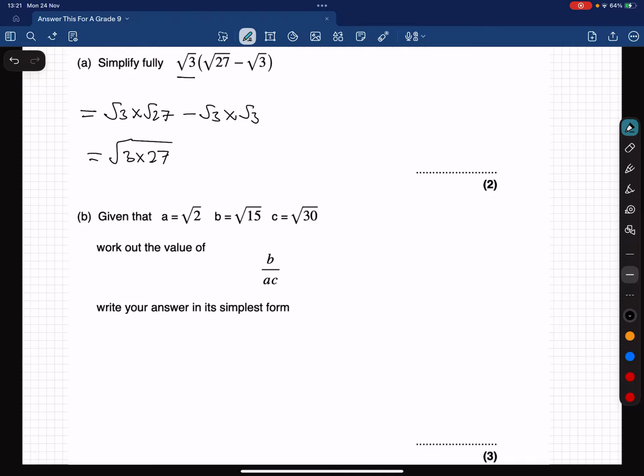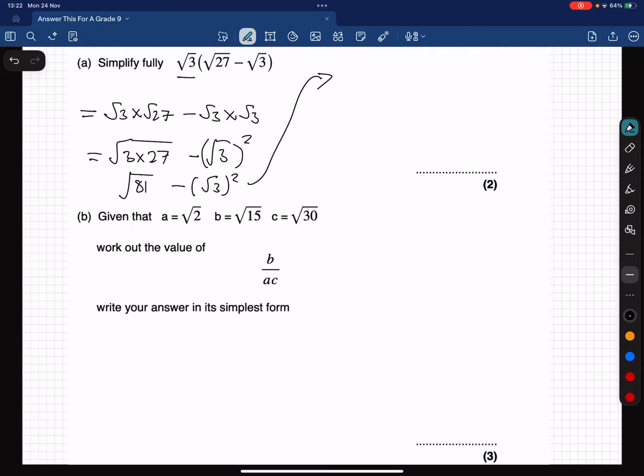That's a rule of indices, you can do that step. Minus root 3 squared. So 3 times 27 is equal to 81. So we have root 81 minus root 3 squared. Root 3 squared is just 3.